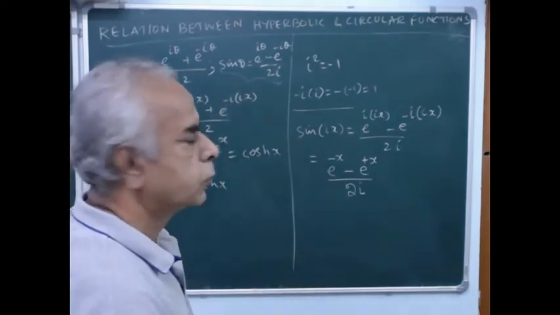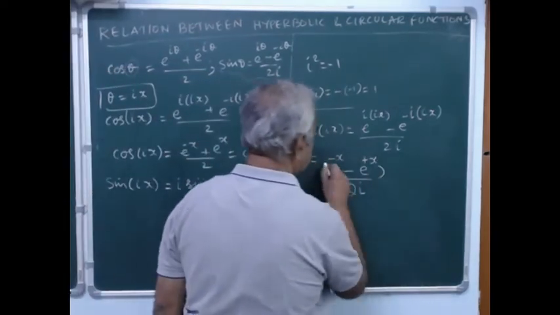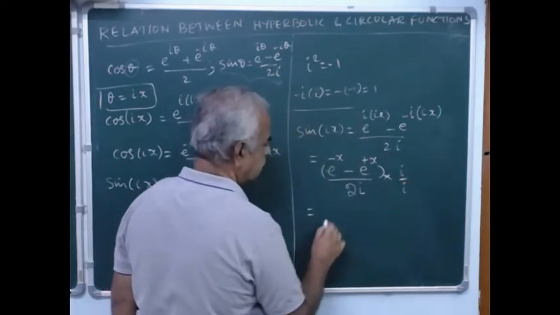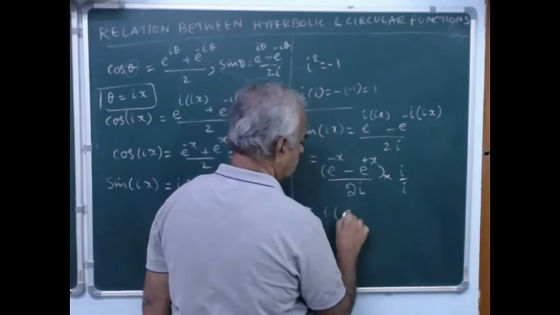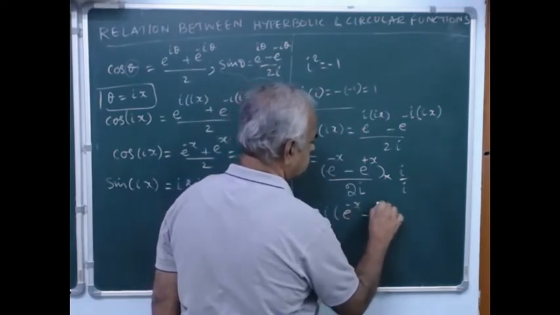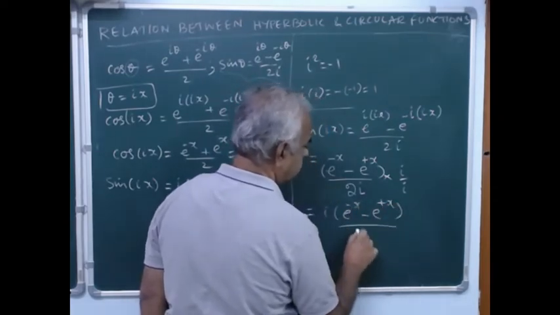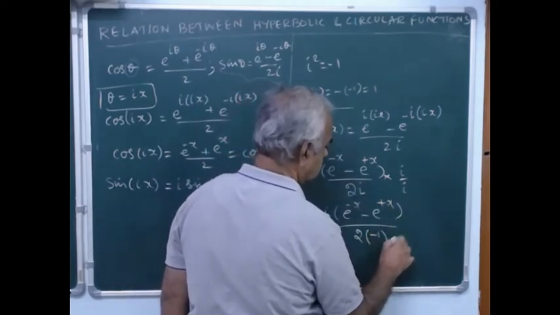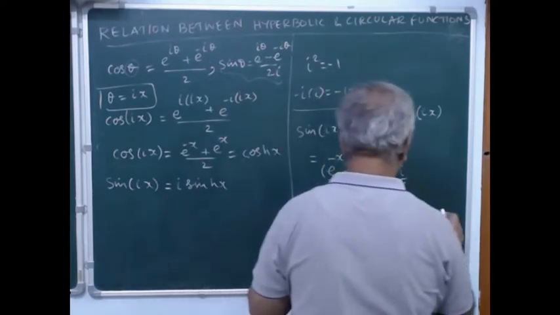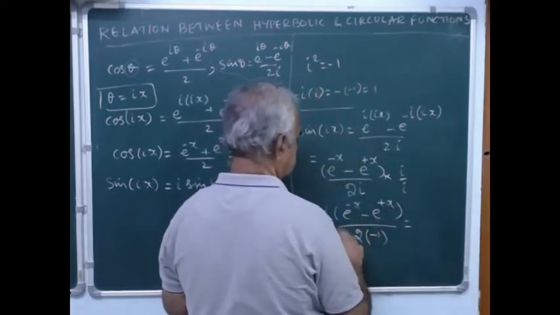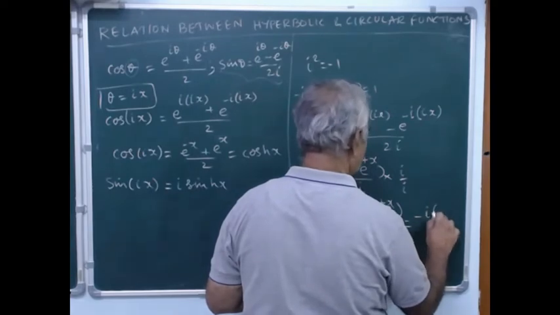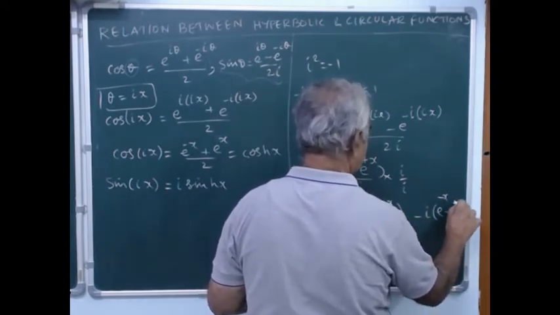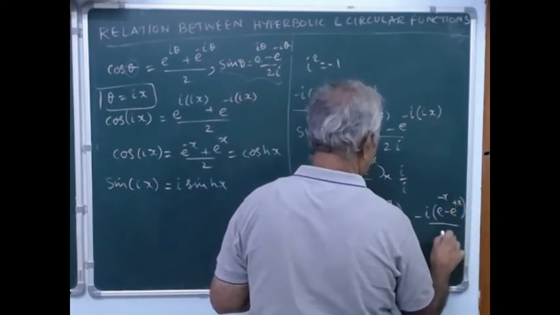In this case, now let us multiply and divide by i, so that we are able to get i into e power minus x minus e power plus x, whole divided by 2, and i squared becomes minus 1. Now you can reverse this sign, otherwise you can put minus i into e power minus x minus e power plus x, whole divided by 2.